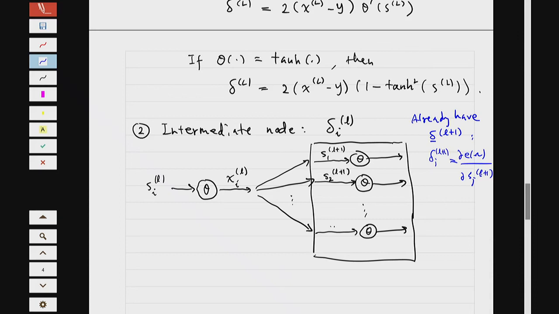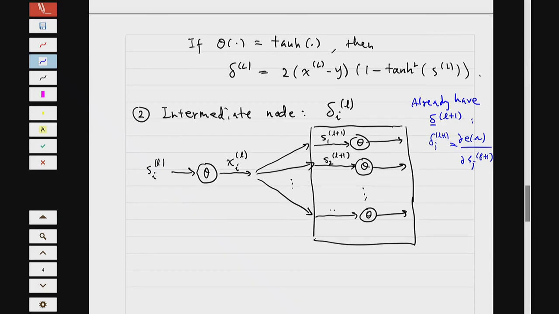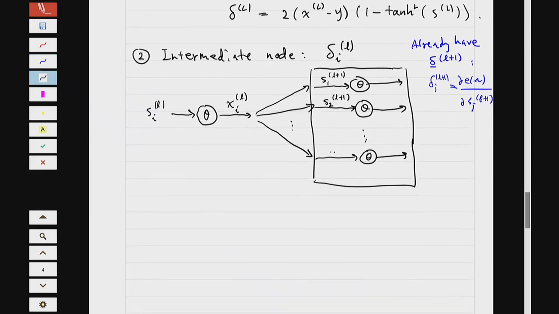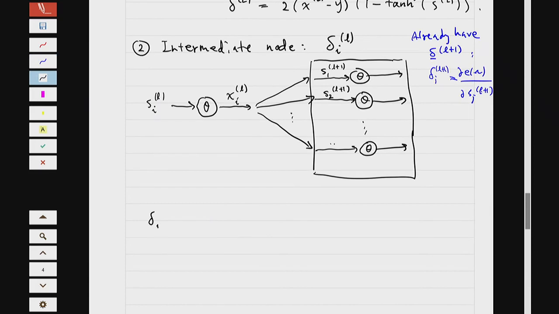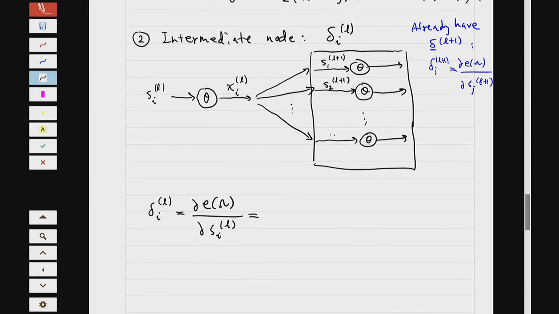Okay, so let's see. Let's write down delta I of L is equal to, well, again by definition, delta Si of L is equal to, that's one more step, since we have an intermediate variable there, Xi of L. Let's do that, one more step of chain rule first.